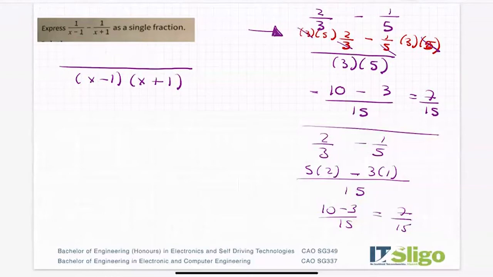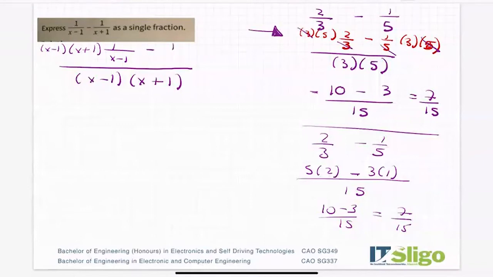Okay, what goes on the top? Well, just like I did it the long way here, I'm going to do it for my algebraic fraction. So I'm going to have x minus 1 by x plus 1 by what was there already. That minus in the middle is there.